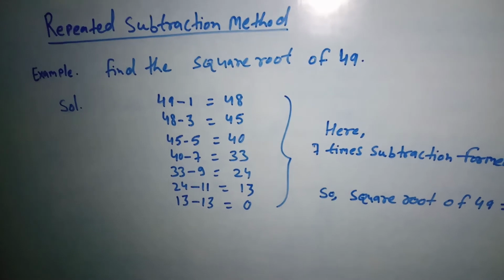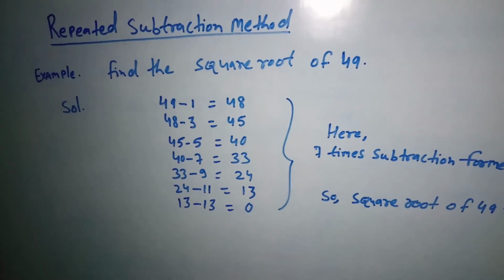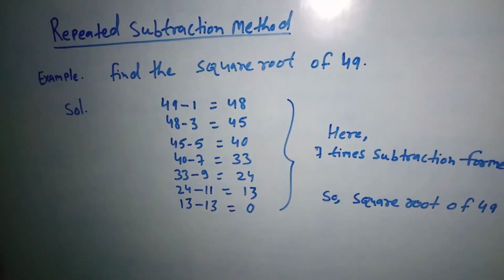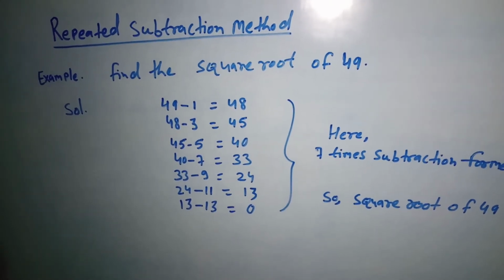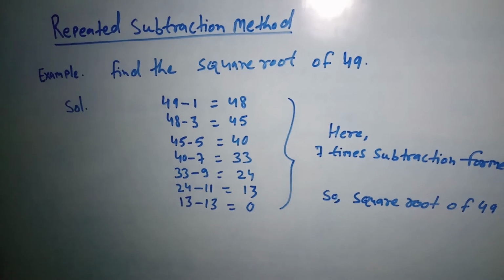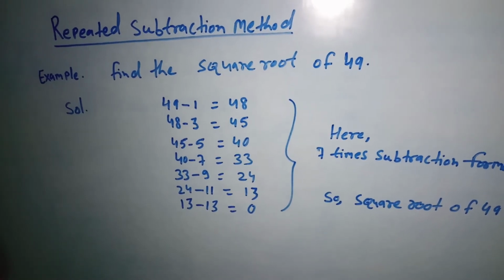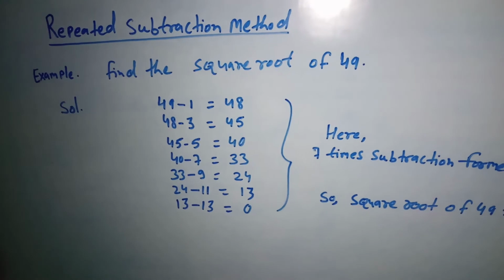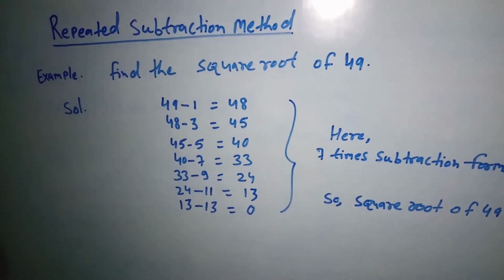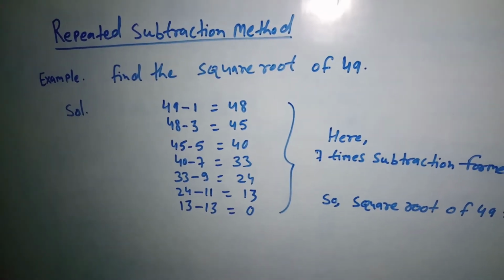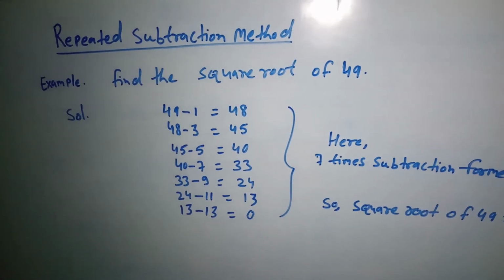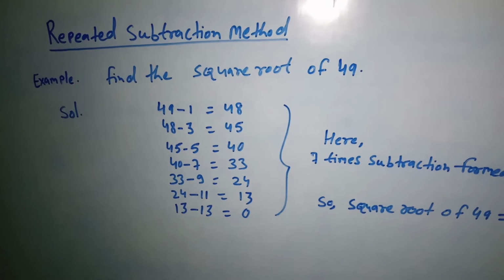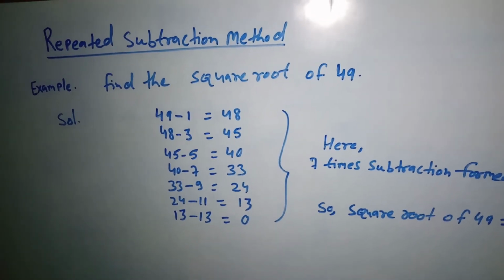Next 5: 45 minus 5 is 40. Next 7: 40 minus 7 is 33. Next 9: 33 minus 9 equals 24. Next 11: 24 minus 11 is 13. And next, 13 minus 13 equals 0.